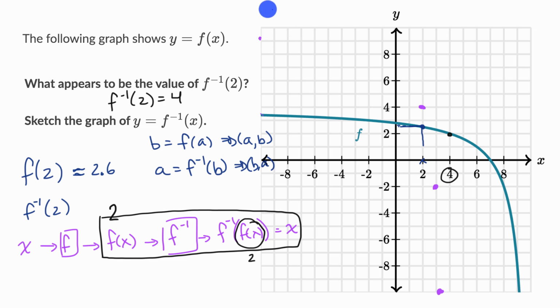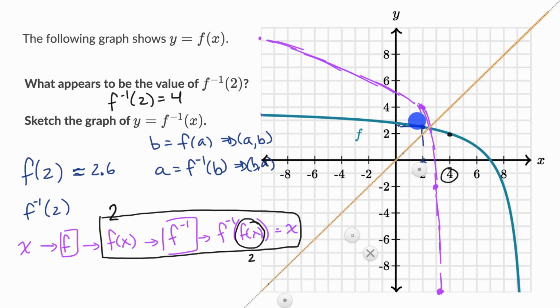And so then we could connect the dots to try to sketch out what the graph of the inverse function is going to look like. So it's going to look something like that. And you might notice it looks like a reflection about the line y equals x. It looks like it's a reflection about that line, which is exactly right.